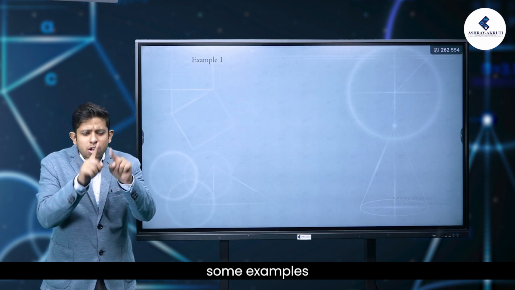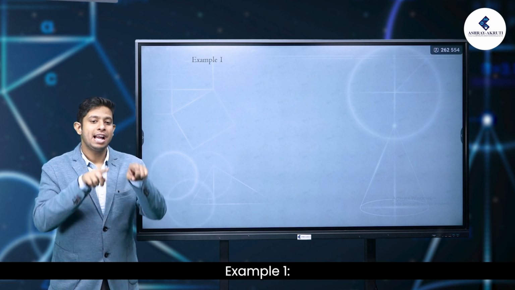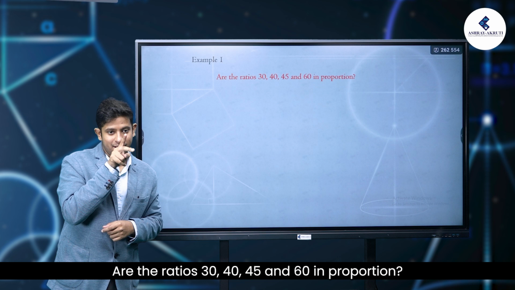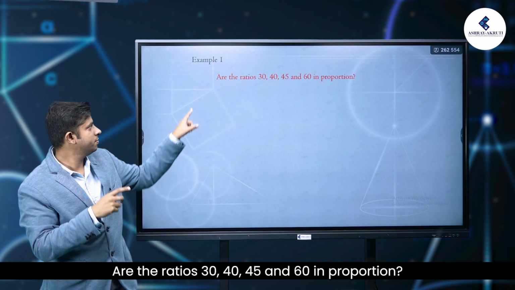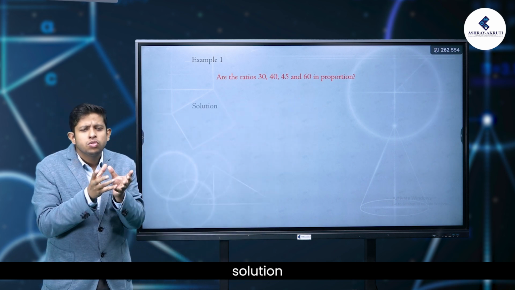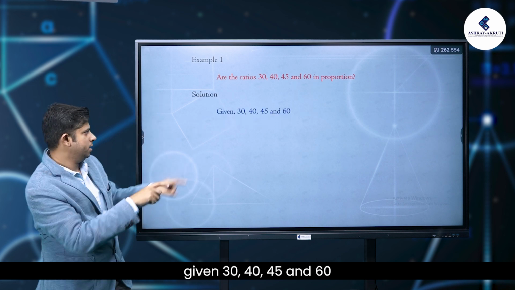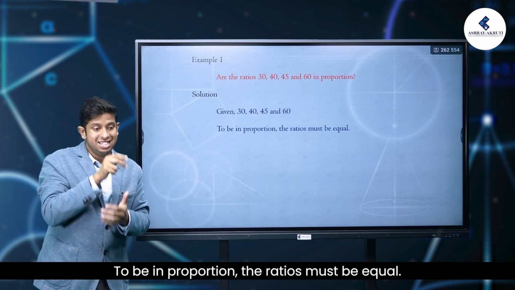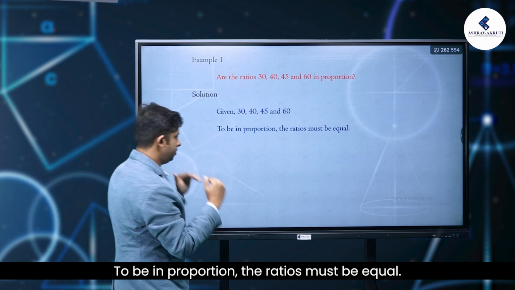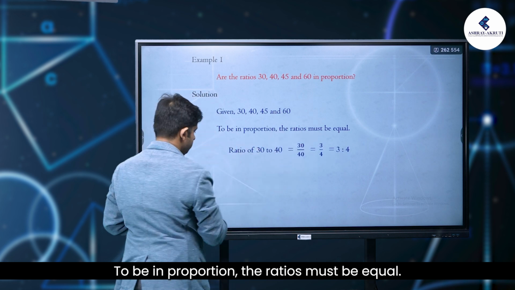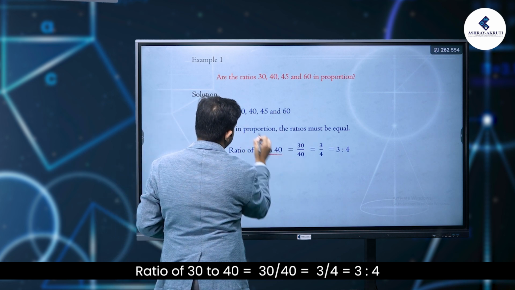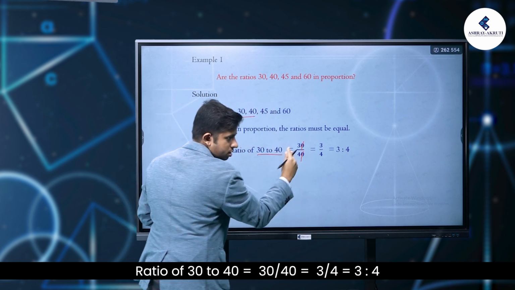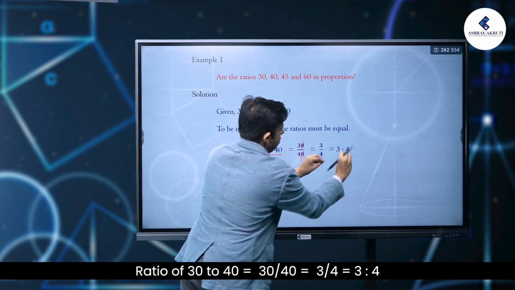Now we will solve some examples. Example 1. Are the ratios 30, 40, 45 and 60 in proportion? Solution. Given 30, 40, 45 and 60. To be in proportion, the ratios must be equal. Ratio of 30 to 40 equals 30 by 40 equals 3 by 4, which is equal to 3:4.